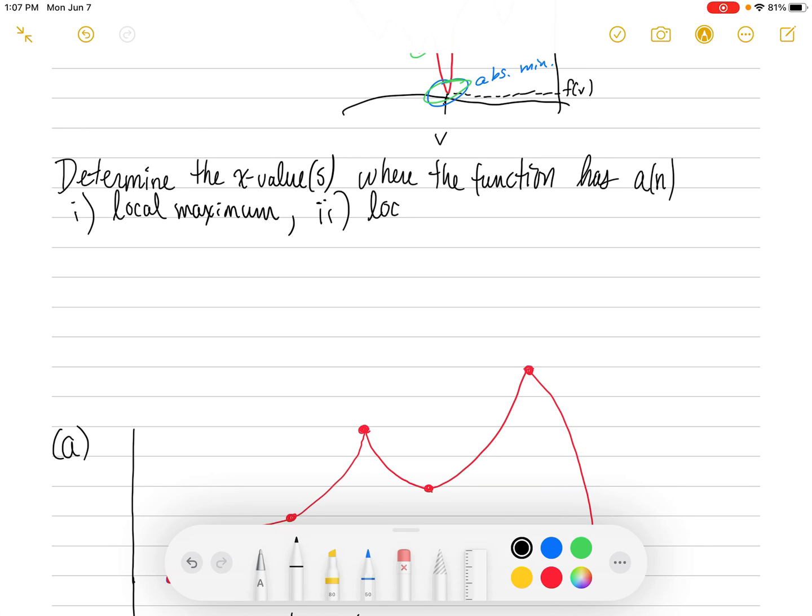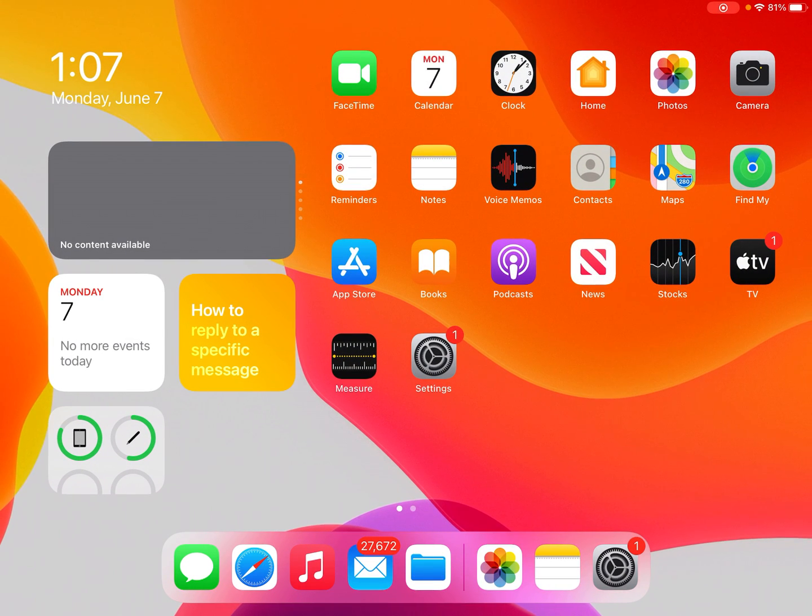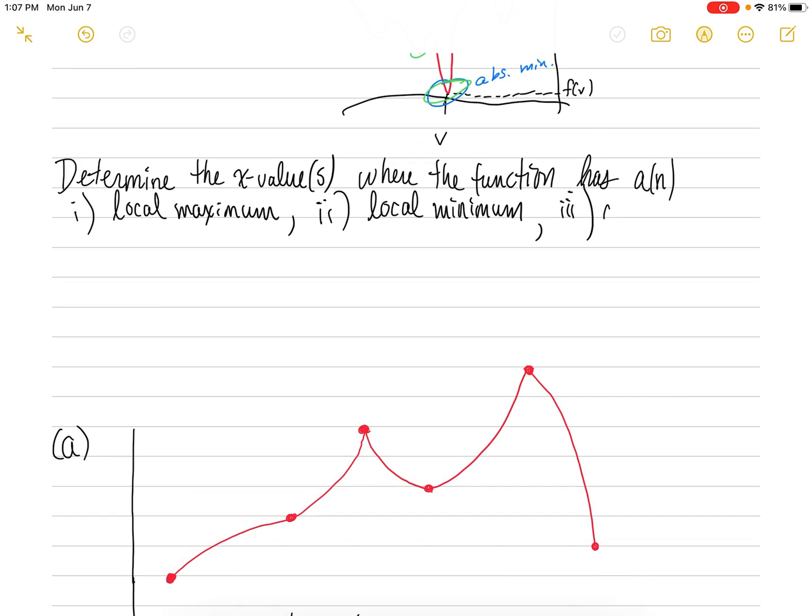Number 2, determine any local minimums, if there are any, and give the x value for which they occur. Number 3, determine if there are any absolute maximums, and if there are, give the x value. And number 4, determine if there are any absolute minimums, and if there are, give the x values for where they occur.